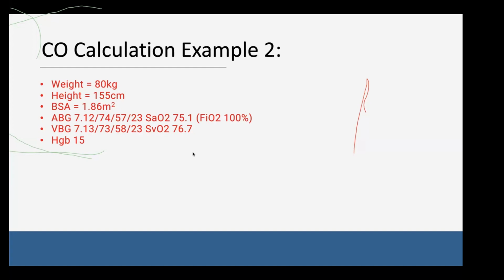Please, any comments? These numbers look quite interesting. So any comments?